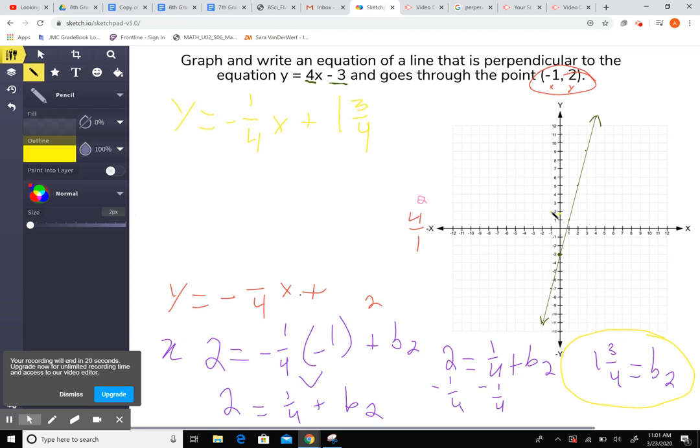Then remember, my slope is negative 1/4, so I would rise negative 1 and run 4, which is going to be a point right there. I'm going to rise negative 1, which means go down 1, and run 4.